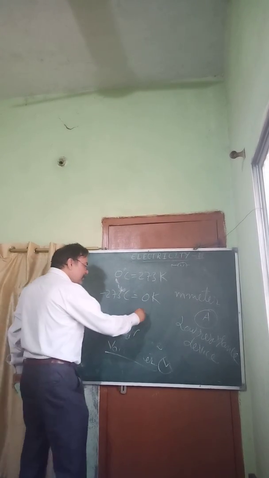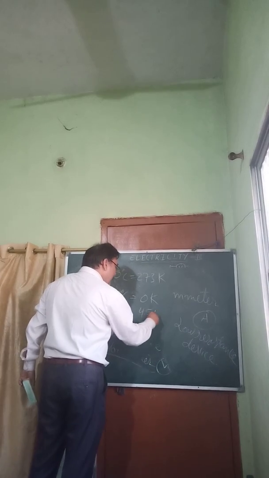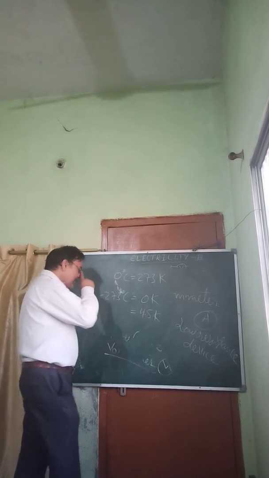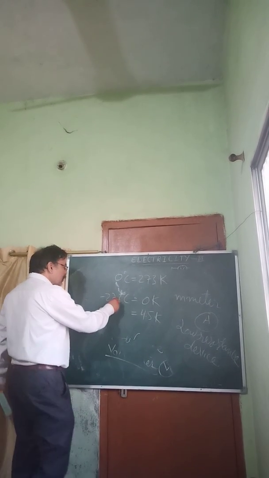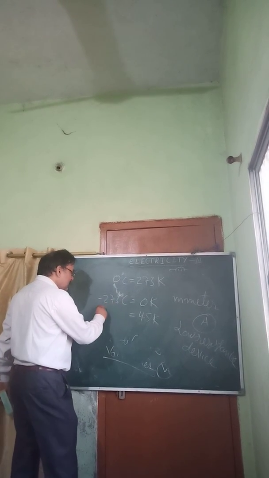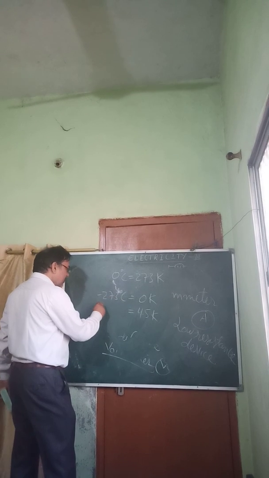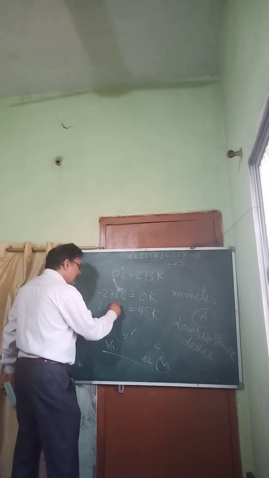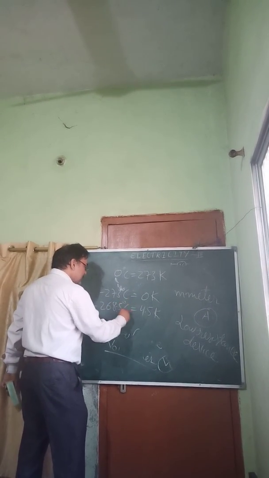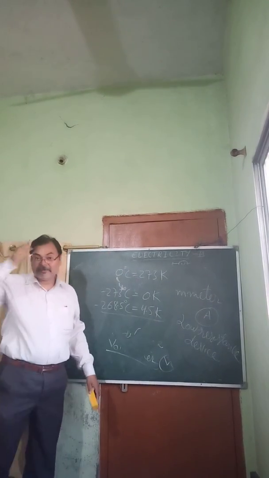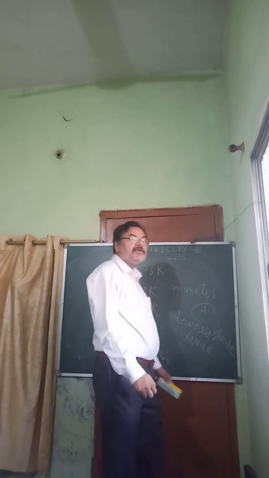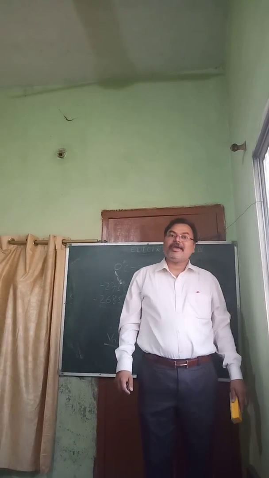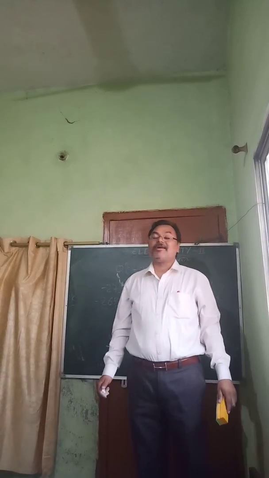If I am talking about 4.5 Kelvin, then just reduce this 4 point from here. So what you will get? 268.5 minus degrees Celsius. At this temperature, the resistance of mercury becomes almost zero, and so it starts behaving as a superconductor.